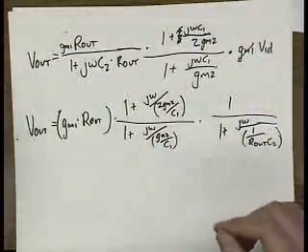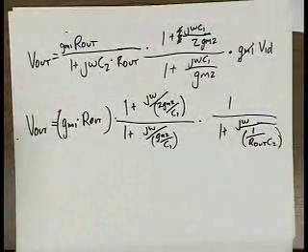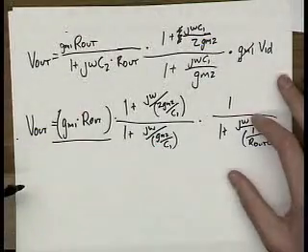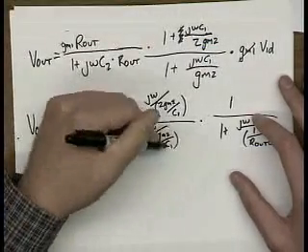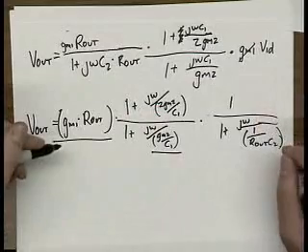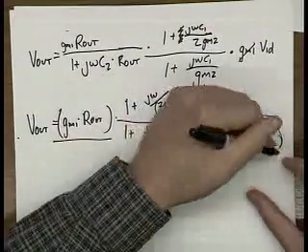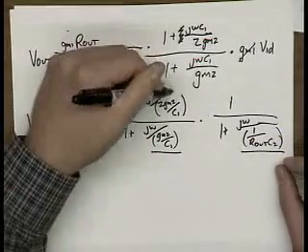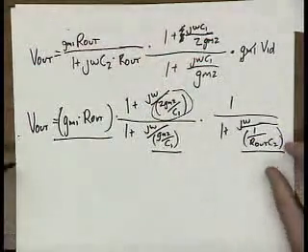I've put it in this form to explicitly see where the poles are. So what we see is we've got our DC gain, Gm R out. We've got a pole at Gm2 over C1. We've got a pole at R out times C out, which is C2. And we've got a zero at twice this frequency.